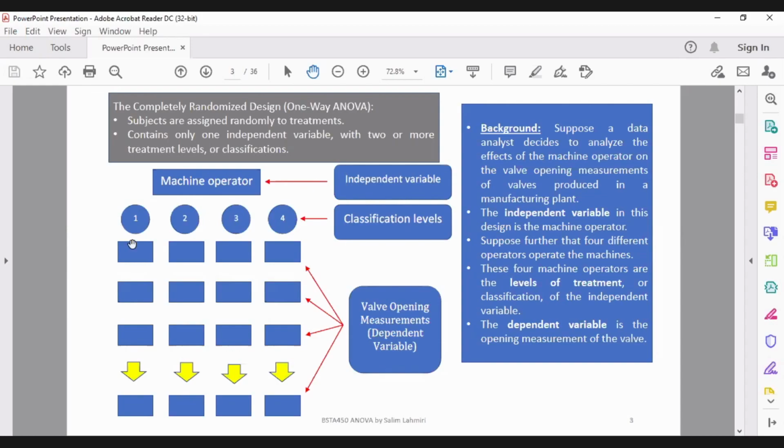The machine number is called classification levels. Under each classification level, we got some measurements. Measurement number 1, measurement number 2, measurement 4, and measurement n. So we got the valve opening measurements, which are called dependent variables. So under each classification level, 1, 2, 3, 4, we got a set of dependent variables or valve opening measurements.